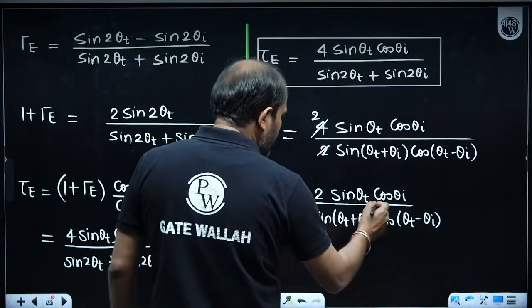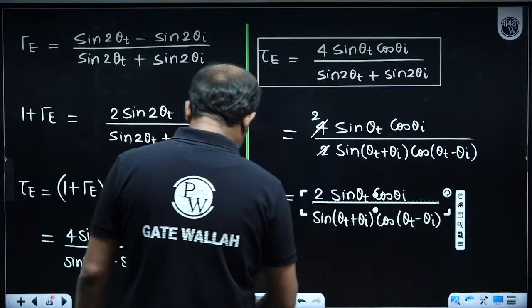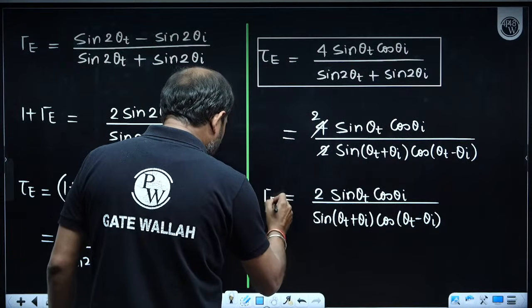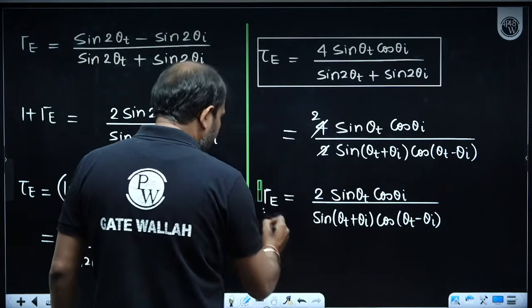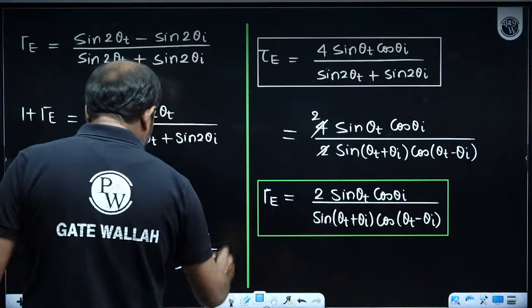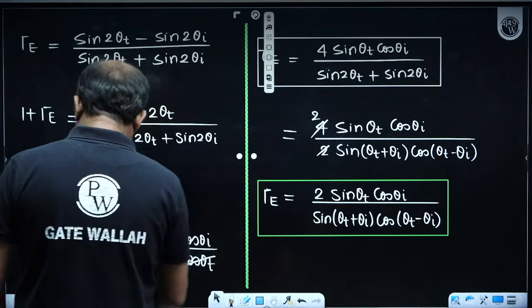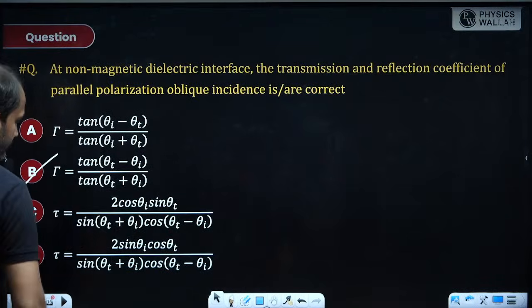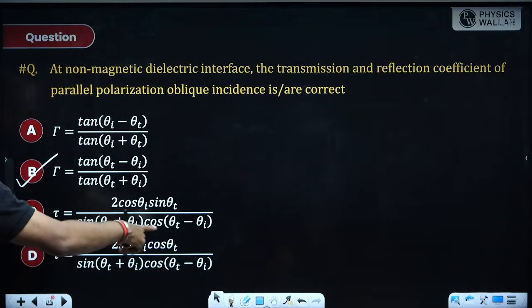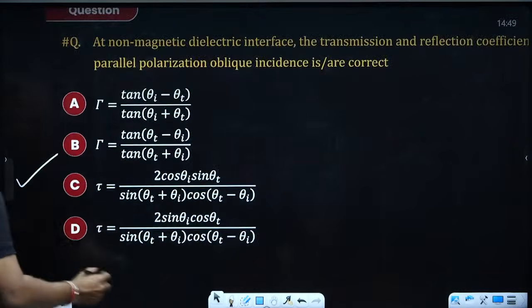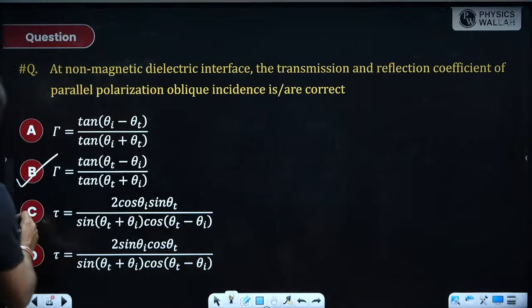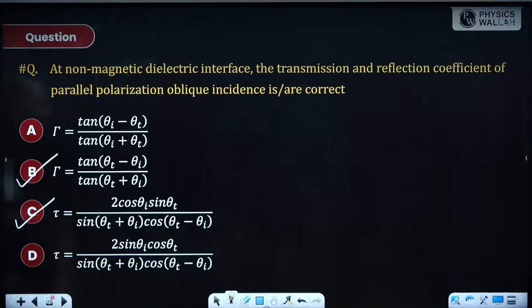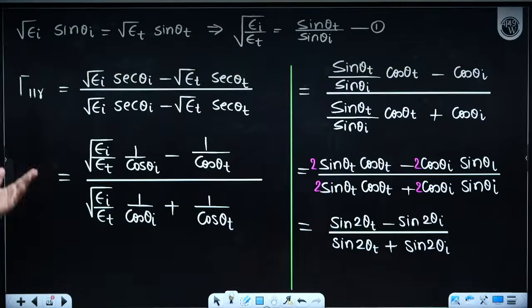This is the formula. So it is a very good question. In the GATE exam, they may ask. So cos theta I sin theta t sin theta cos theta I is the correct answer. So these are the two questions. They may ask reflection coefficient.